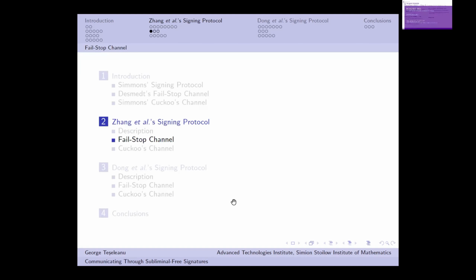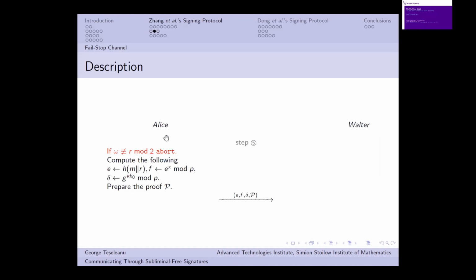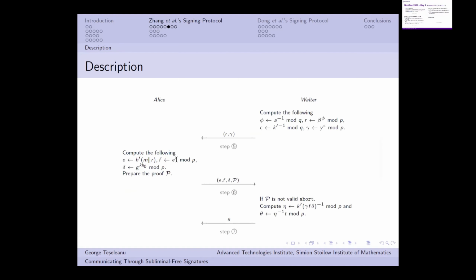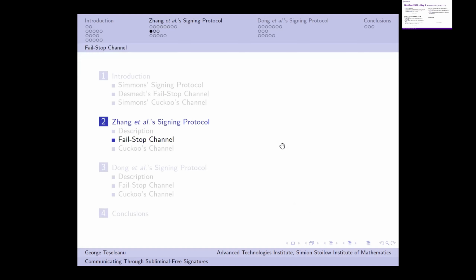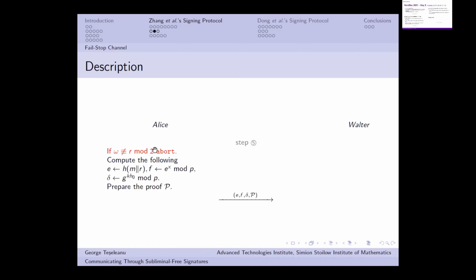Now, in order to implement a subliminal channel, we had to find an element that can be easily recovered, and we managed to do exactly that. If you look at the protocol, R is received by Alice from Walter, and if R is not congruent modulo 2 with our encrypted bit, then Alice aborts the protocol.